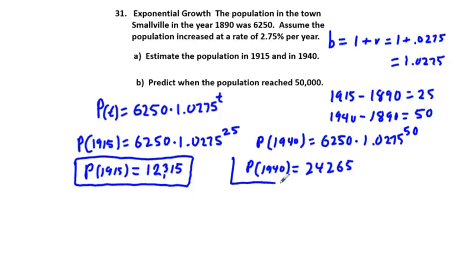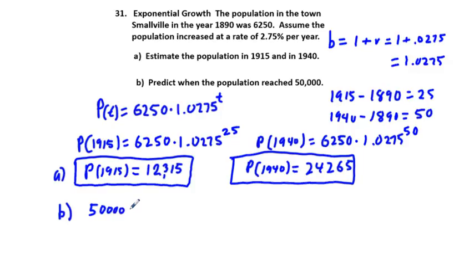Now to part B, predict when the population reached 50,000. So that's 50,000 equals 6250 times 1.0275 to the power of t.